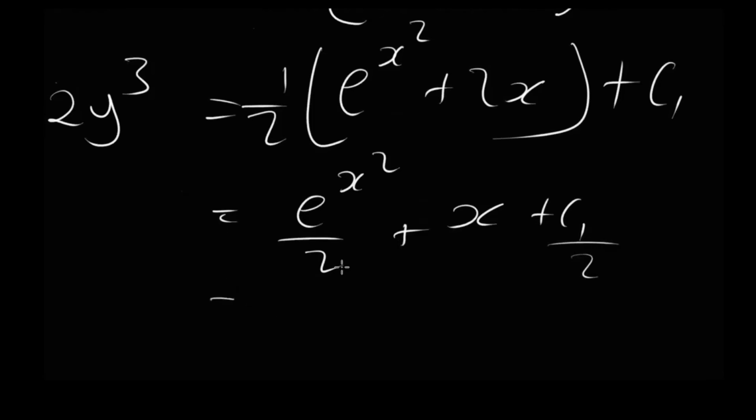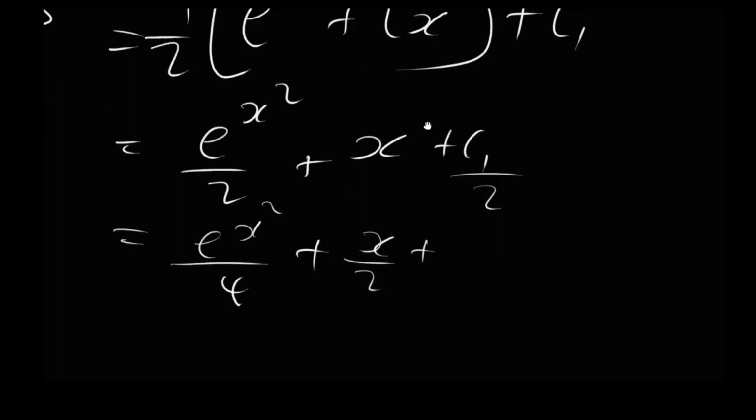So here it will be e to the power, and here it will be x squared plus, because your C1 divided by 2 is also just a constant divided by a number, which is a constant, so it's just C. So it will be just C1. That's why you see the importance of putting C1, because it's not the final C that we want. So that's why they say it's advisable to do this.